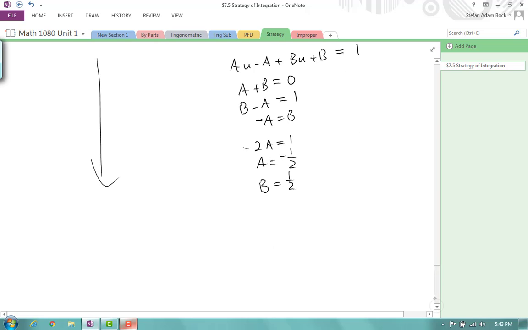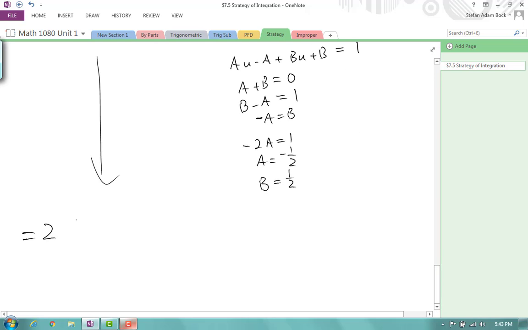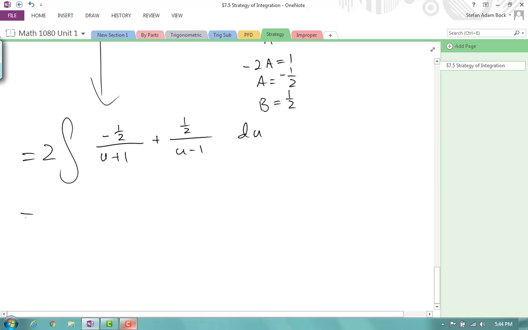So I can replace that problem with my partial fraction decomposition, and I'll have minus 1/2 over u plus 1 plus 1/2 over u minus 1 with a du. To make things nicer, I'll redistribute my 2 inside, so that it looks like I end up with 1 over u minus 1 minus 1 over u plus 1.